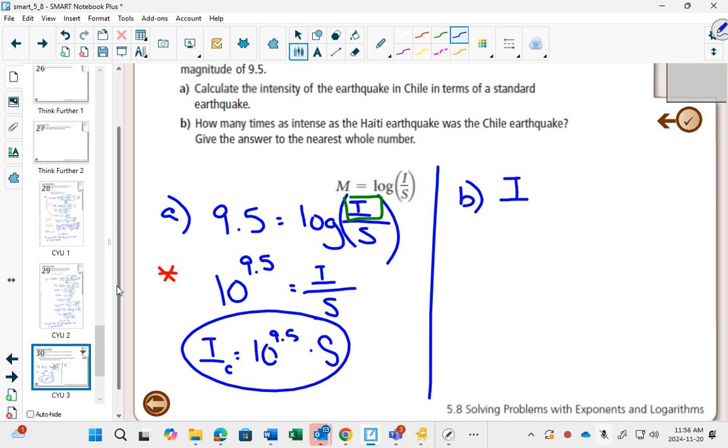We could do the same and say intensity for Haiti equals 10 to the 7.0 times the standard. But comparing the two earthquakes, what's the difference between the Chile one and the Haiti one? It's gone up 2.5.